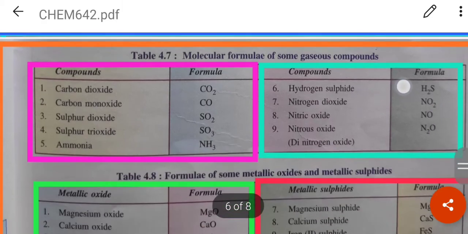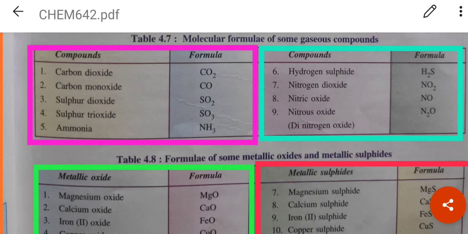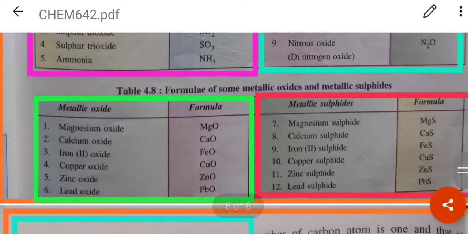Now let's see another table where the molecular formulae of some gaseous compounds are given. Carbon dioxide, you can see CO2, carbon monoxide CO, sulfur dioxide SO2, sulfur trioxide SO3, ammonia NH3, hydrogen sulfide H2S, nitrogen dioxide NO2, nitric oxide NO, nitrous oxide N2O. Then you see formulae of some metallic oxides and metallic sulfides.